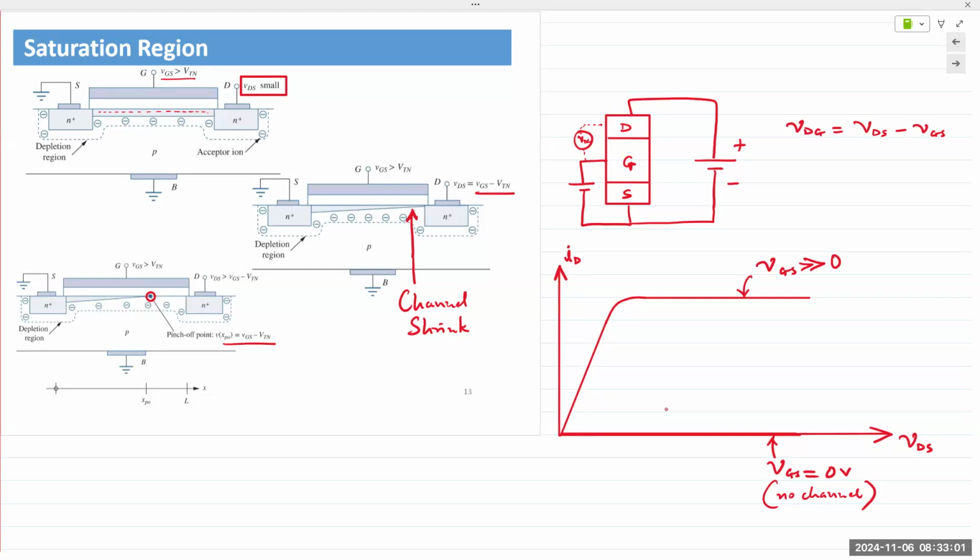So to answer the question, VGS creates the channel when VDS is 0. But then VDS increases, let's say a random value, like 6, 7 volts. VGS creates a nice thin shallow channel below the oxide layer. Now VDS increases: 0, 1, 2, 3, 4, 5.